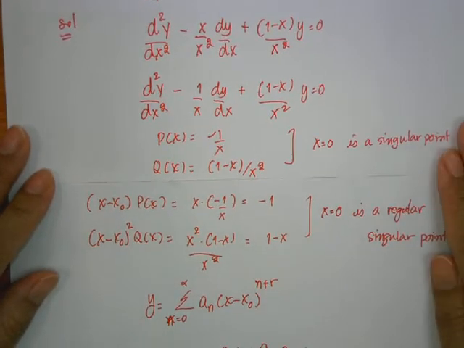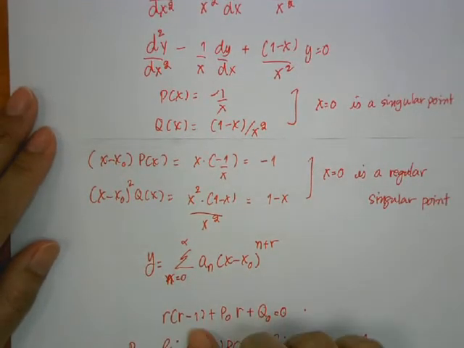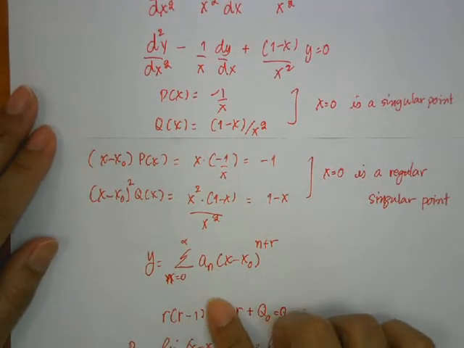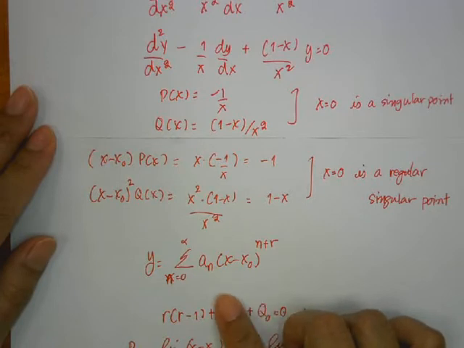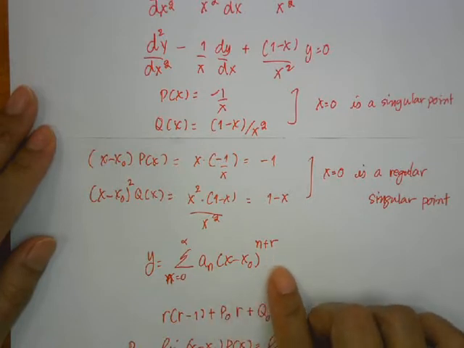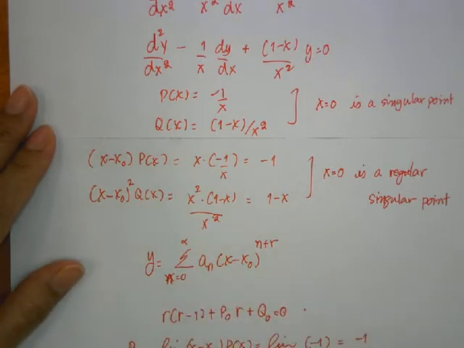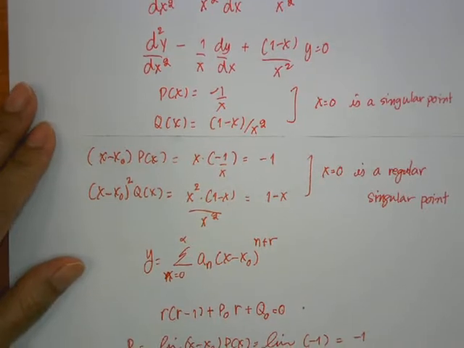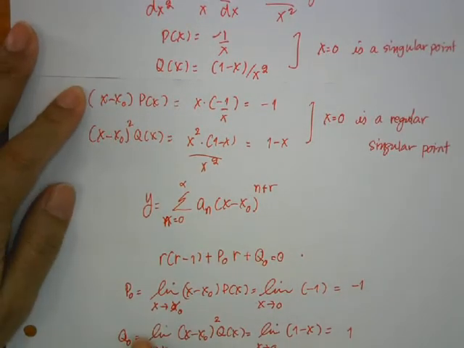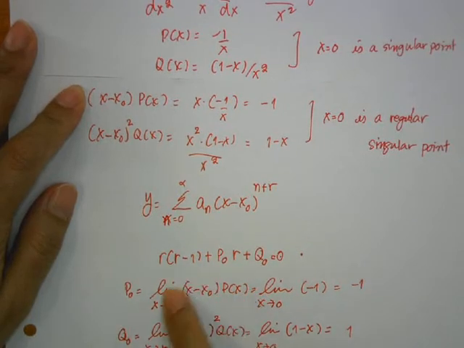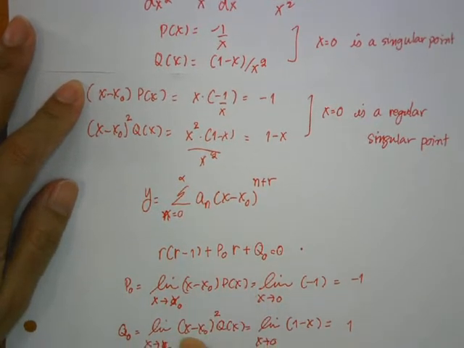So in order to find the solution, we assume that y is equal to the summation of a_n times (x minus x0) to the power of n plus r, where n starts from 0 to infinity. To know which case we get, we find the value of r using the indicial equation, where we need p0 and q0, which come from the limit of these functions.